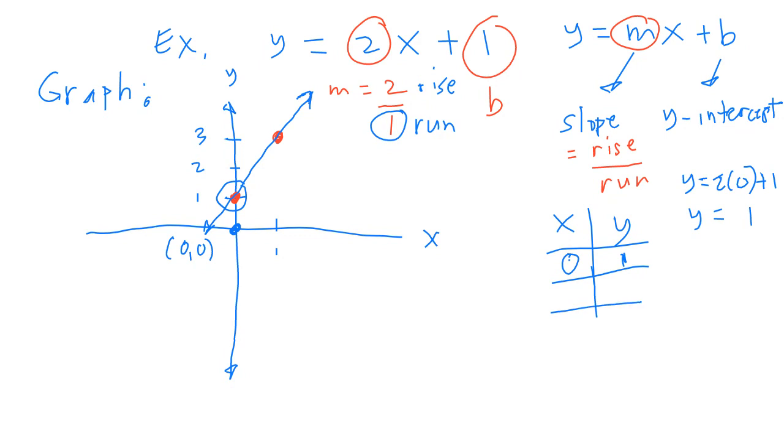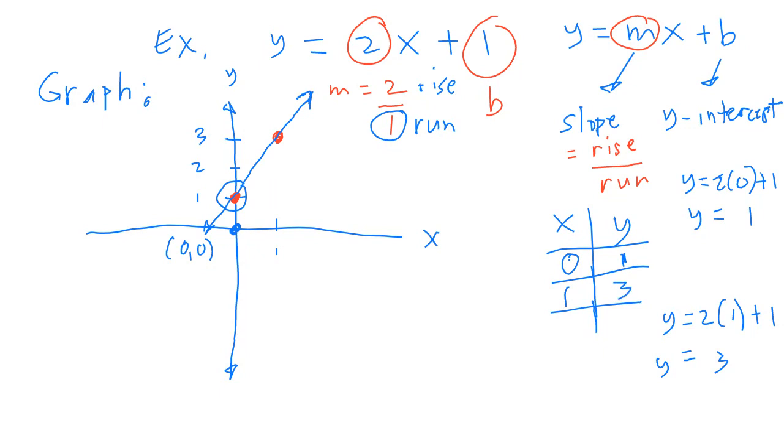So for the second point, you can assign a value for x as 1. And then solving that, y is equal to 2 times your x, which is 1, plus 1. And then 2 times 1 is 2, plus 1 is 3. So 3 would be your y.